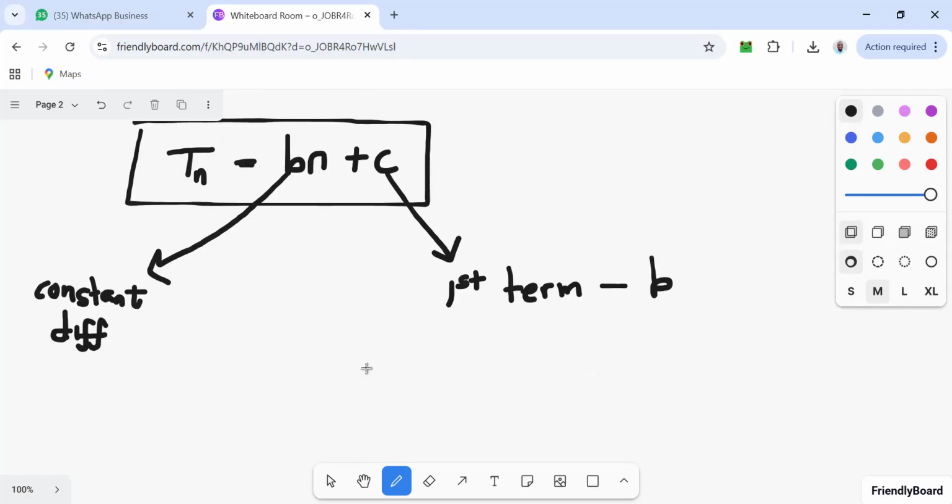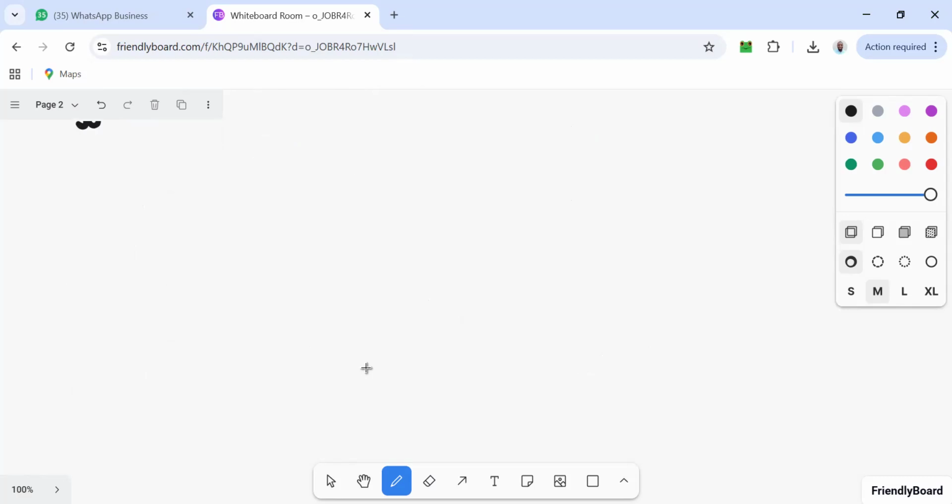All right, so let's quickly get into an example so that we can put this concept into practice. Consider the following number pattern: 2, 7, 12, 17. We want to find the nth term of this linear number pattern. As you can see, it's actually linear.